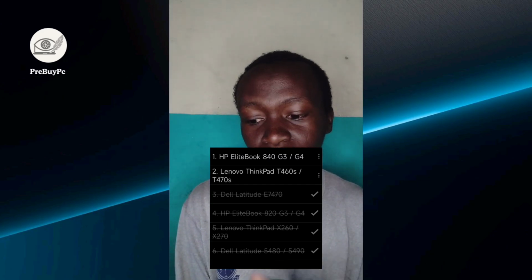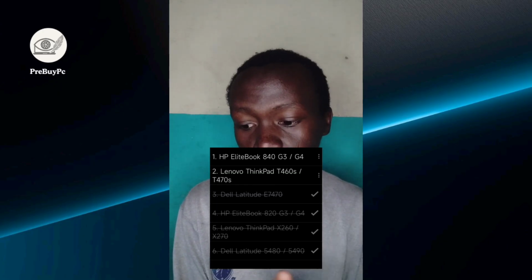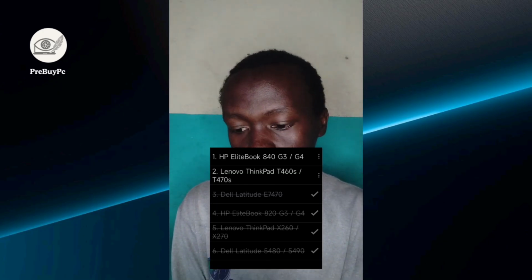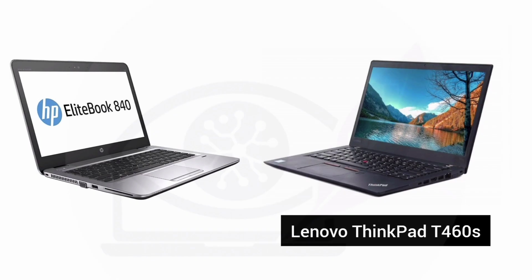So we are left with the HP EliteBook 840 G3 or G4, whichever you prefer, and the Lenovo ThinkPad T460S. Okay? Because the Lenovo is made up of magnesium alloy and carbon fiber.